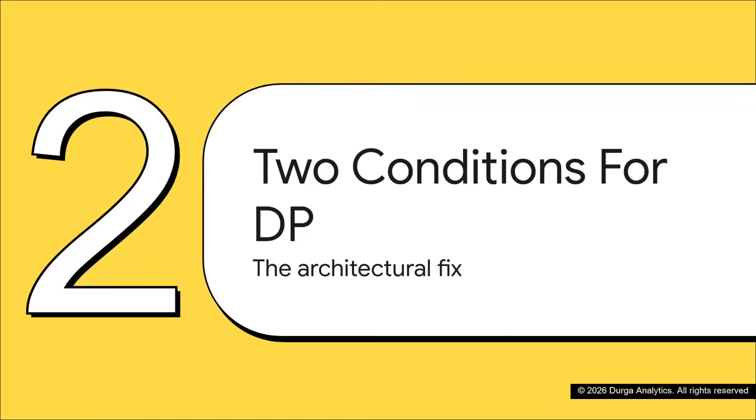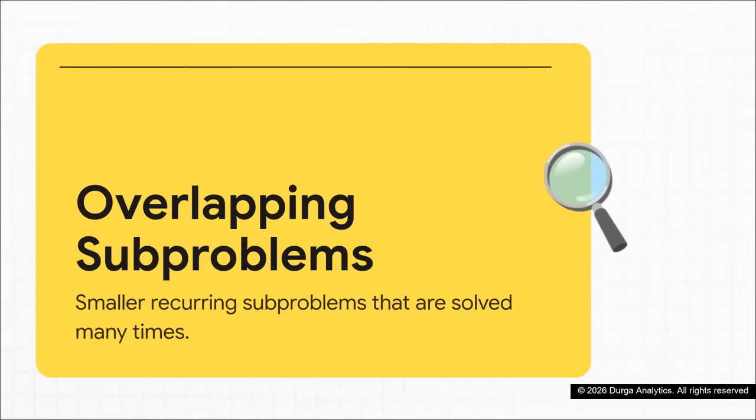Moving right along to section 2, the 2 conditions for DP, let's talk about the architectural fix. So we know the villain is repeated work, right? But a problem actually has to meet specific criteria for DP to work. The first condition is overlapping subproblems. This is exactly what makes caching, or remembering answers, pay off in the long run.